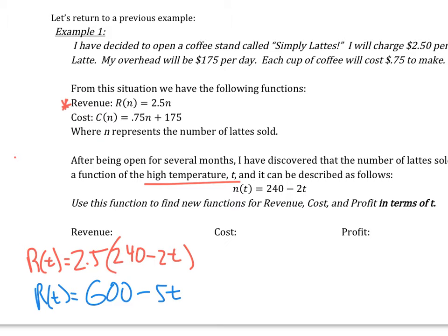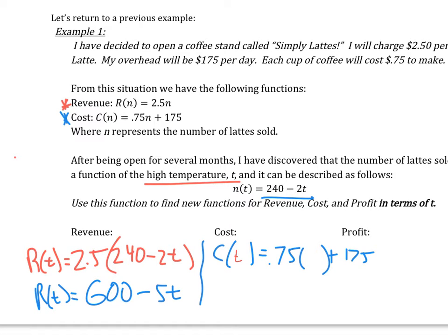All right. The cost, well, we got our cost function here as a function of N. And so the cost is going to be 0.75 times N plus 175. Well, what is N? What determines N? We just found out that the temperature determines N. So we're going to go ahead and substitute that for N. So let's put the temperature in here.